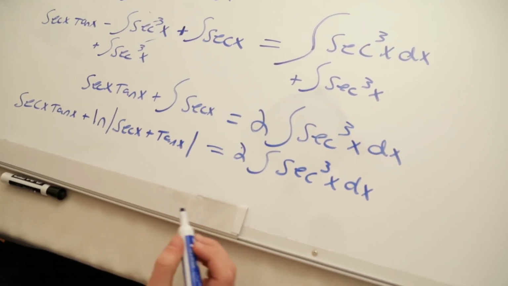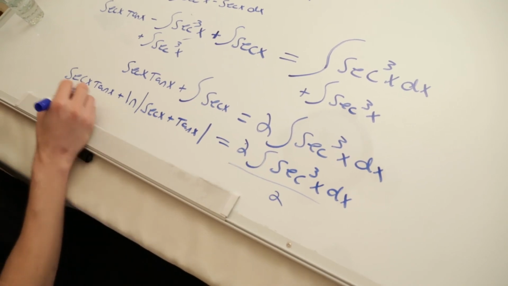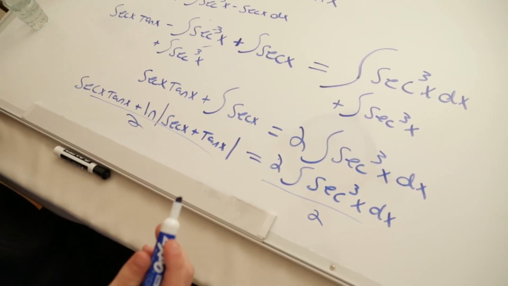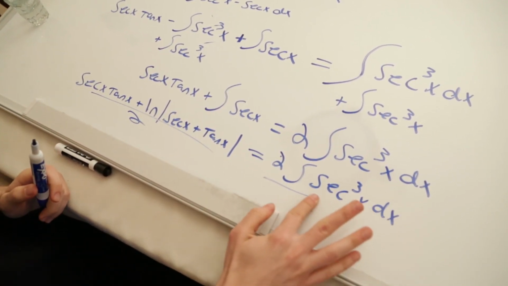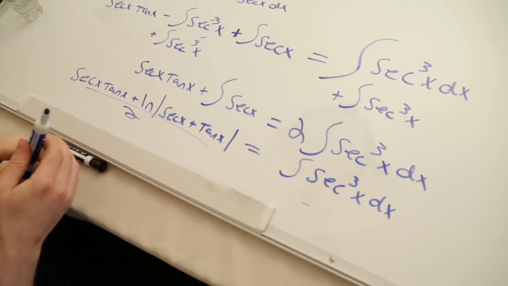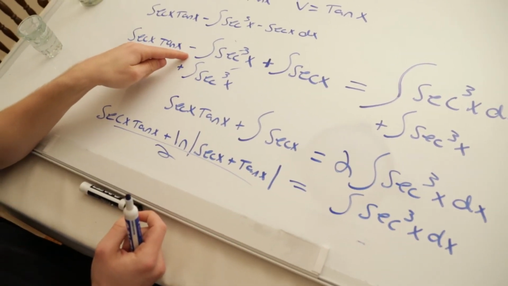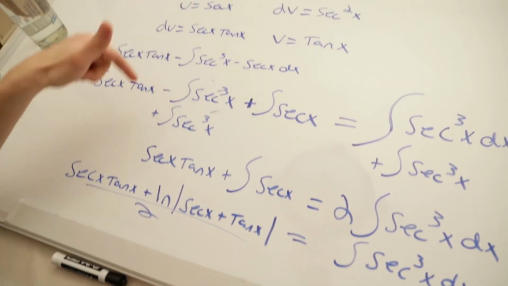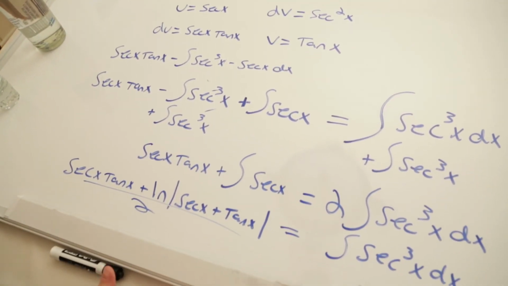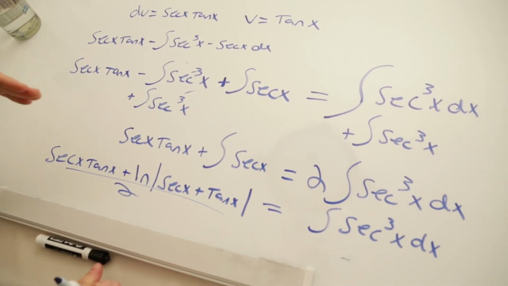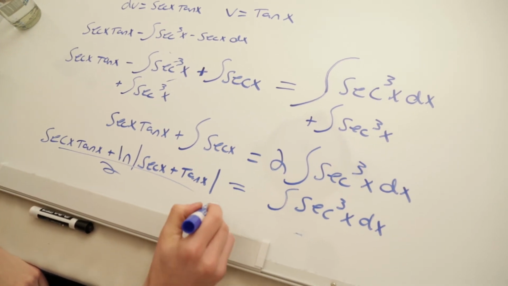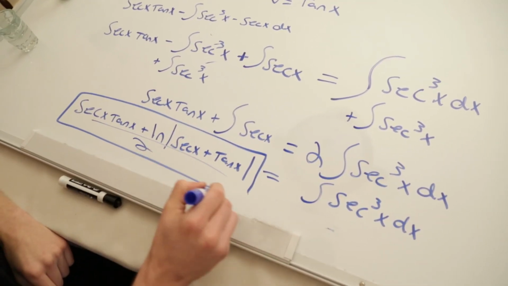Take a crazy guess, divide by 2, and that's your answer. So really, when we found this same integral negated from the original problem, we could just add it to the other side and the problem became very simple. So this is going to be your final answer.